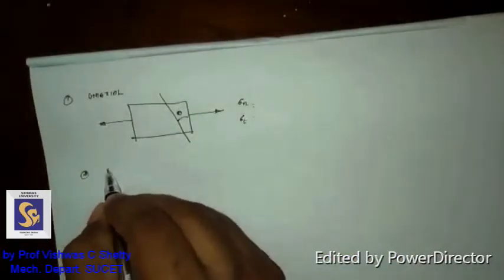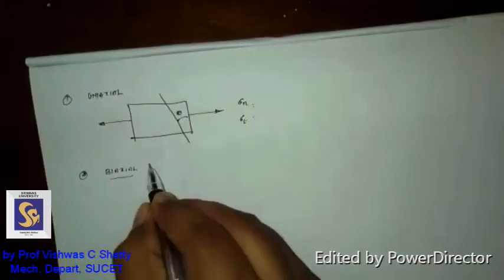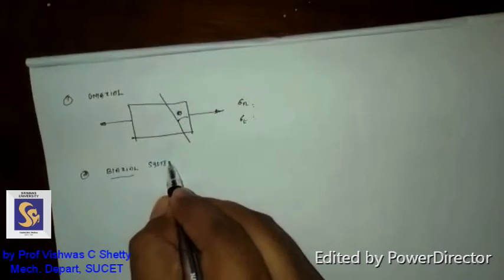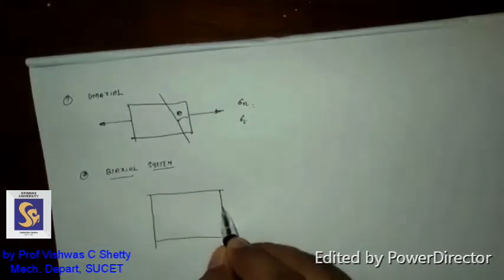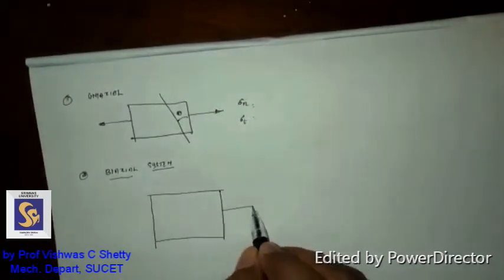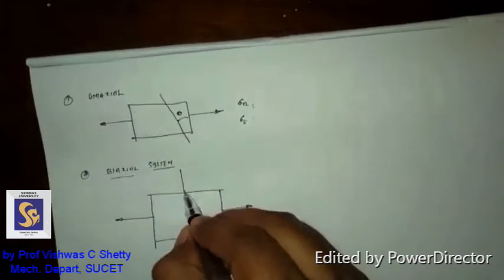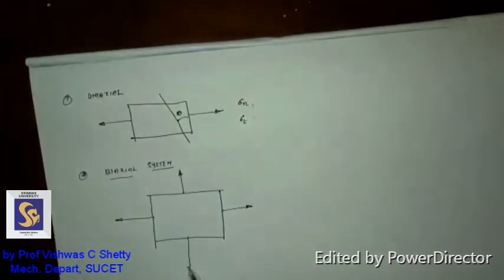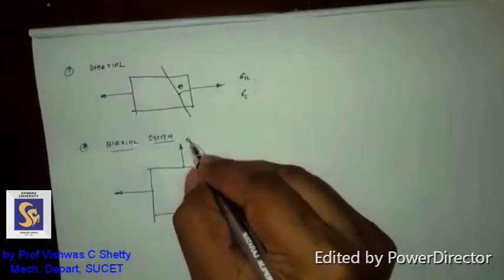Second is biaxial without shear. In this, the figure will be like this. The stress or force will be in two directions, sigma x and sigma y.